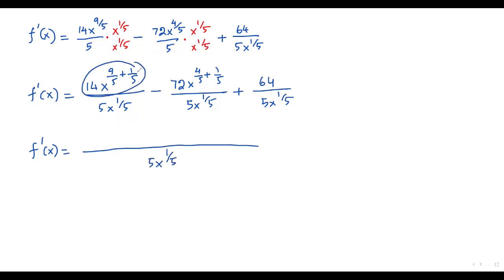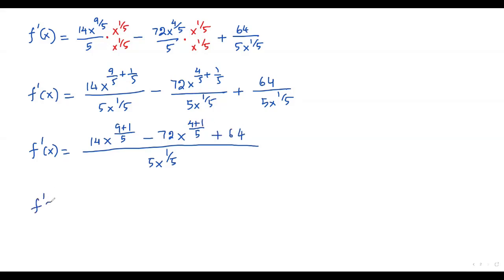Now let me write the numerator of the first fraction, that is 14 times x to the power of... Here we have addition of two fractions with the same denominator 5. So we can take the common denominator 5 and add the numerators 9 positive 1, negative 72 times x to the power of... we have addition of two fractions with the same denominator, so we take the common denominator 5 and add the numerators 4 positive 1, positive 64.